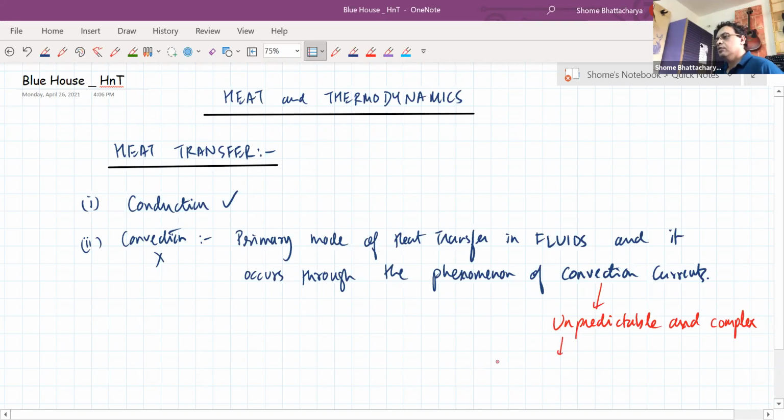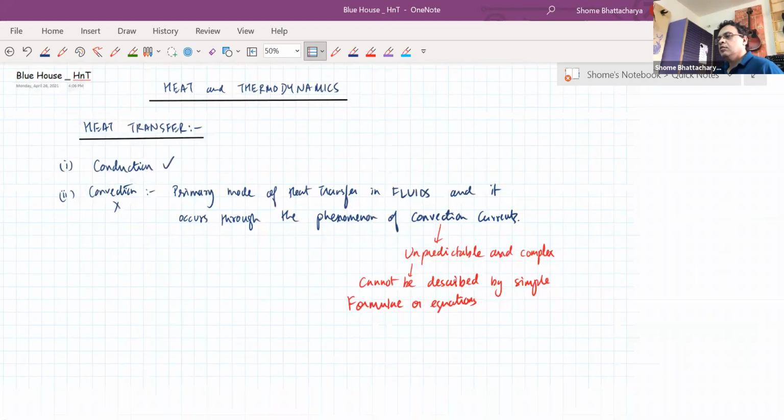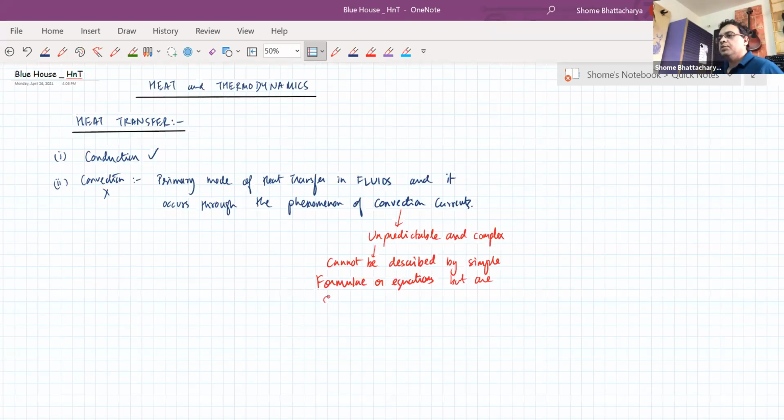So therefore, they cannot be described by any simple formulae or equations. But rather they are studied by a process of simulation, from experimental data.